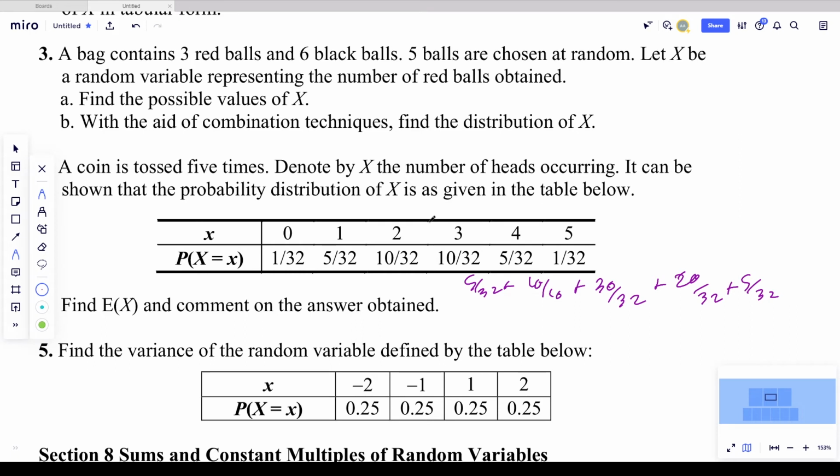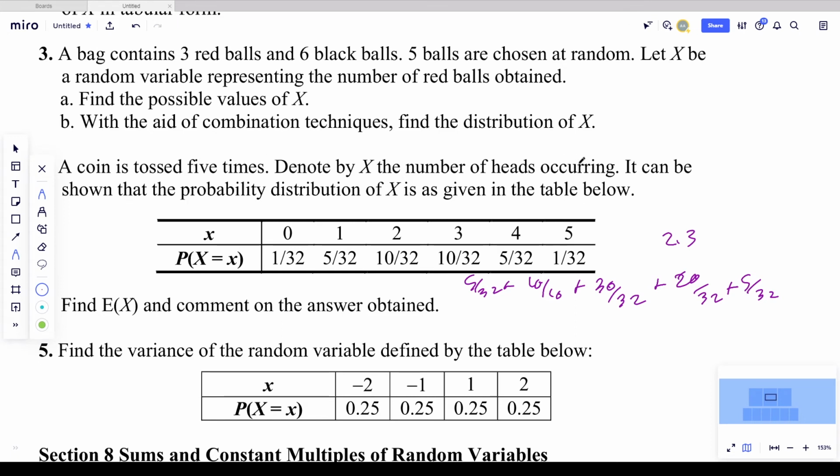Comment on the answer obtained. Say you get some number, 2.3, some random number. Actually I can calculate, but I'm too lazy. Anyways, if you get 2.3, how do you comment on this? Statistics AP people know this. So if you want to comment, you'd say, on average, you'd have, what is X, first of all? We're tossing a coin 5 times, the number of heads.